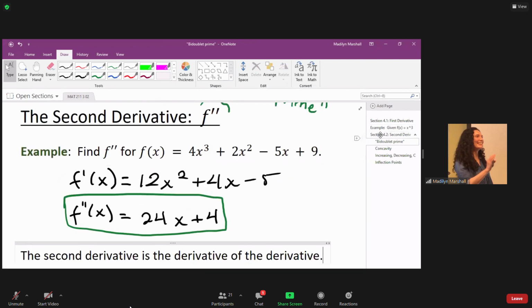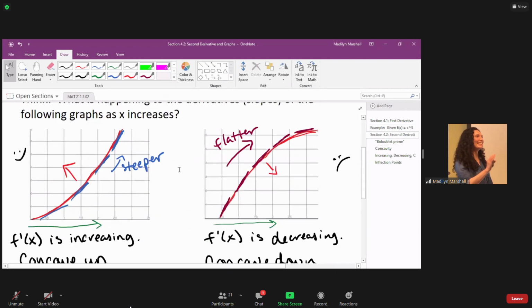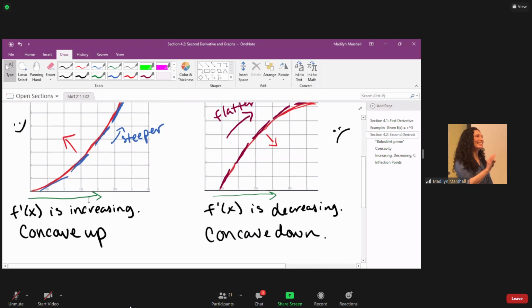So for concavity, we need to know whether the derivative is increasing or decreasing. So if we want to know if something is increasing or decreasing, we have to take the derivative of that and see if it's positive or negative, which is why we need to use the second derivative.